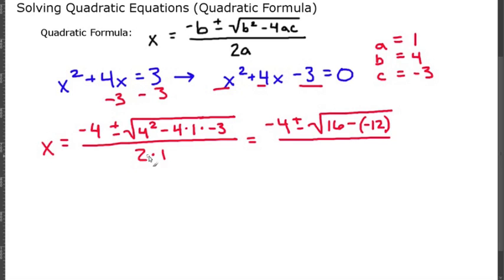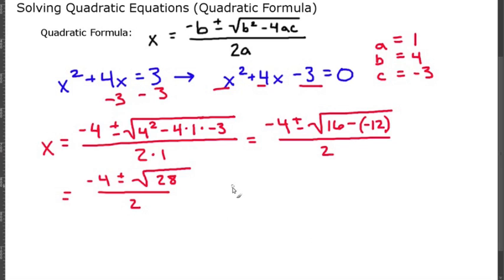And that's all over 2 times 1, which is just 2. Simplifying even more, we're going to have that negative 4 plus or minus the square root of 16 plus 12 would leave us with 28, all over a positive 2.